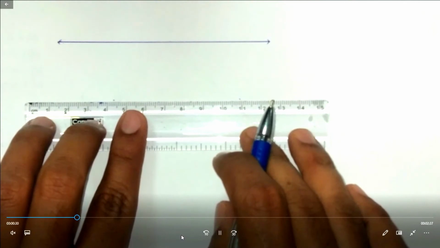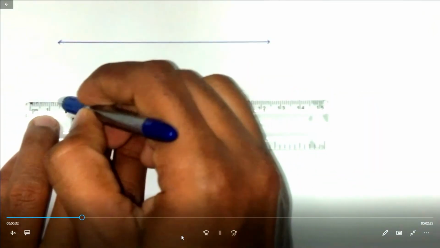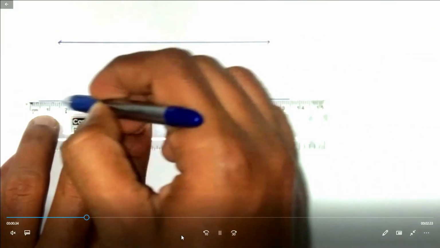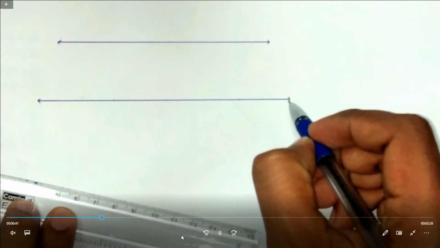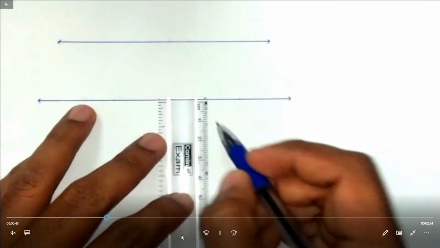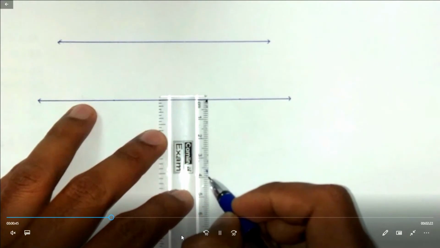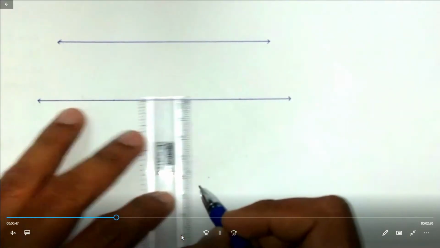According to the properties of parallel lines, we know that the distance between two parallel lines is fixed. So I am fixing the distance here and drawing one more line. This is an approximate parallel line. You can draw in a more proper way that you learned in the previous standard.